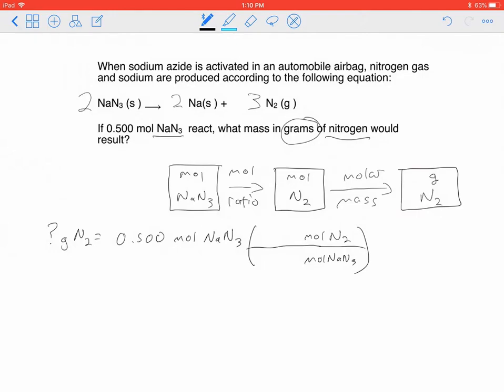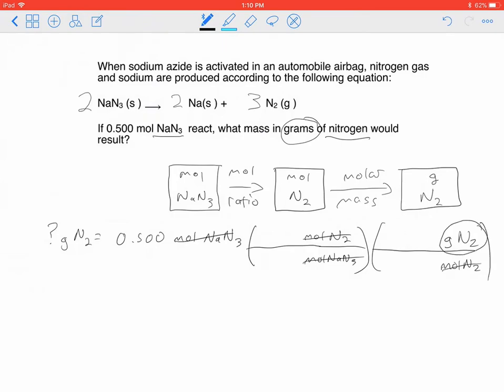Once I have my moles N2, I'm not done yet because I'm trying to find grams N2, so I'm going to use molar mass. I'm going to put my moles N2 over here and start canceling some units, and put my grams N2 up here, which is what I'm looking for.